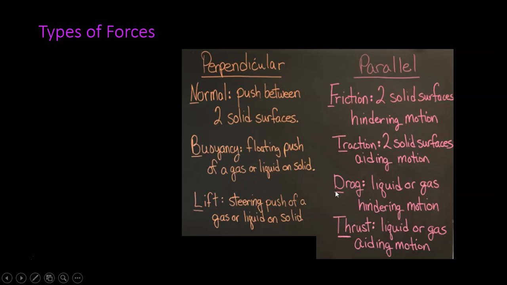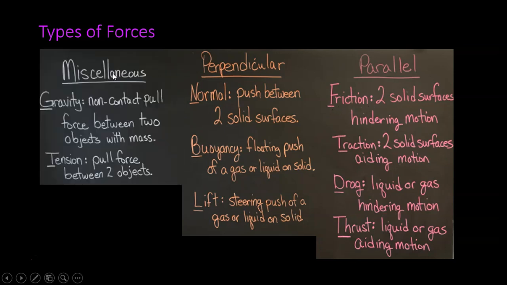So again, drag force hinders motion, and it's a liquid or gas hindering the motion of an object. Thrust aids the motion of an object, and it's the liquid or gas that is aiding in the motion. These are under the parallel column because in these instances the force acts parallel to the two surfaces.